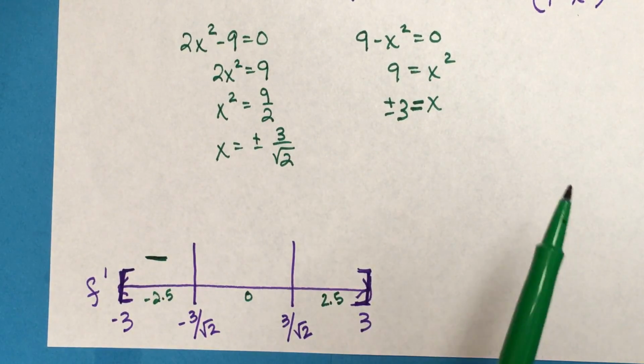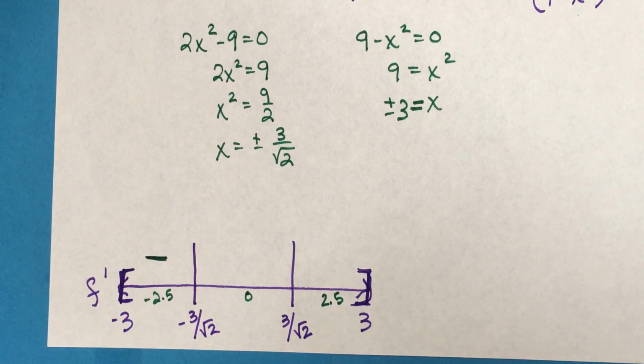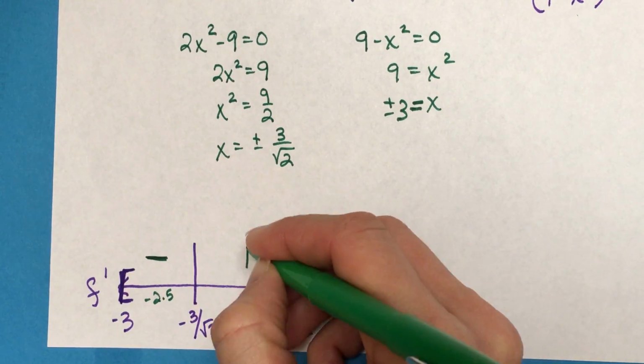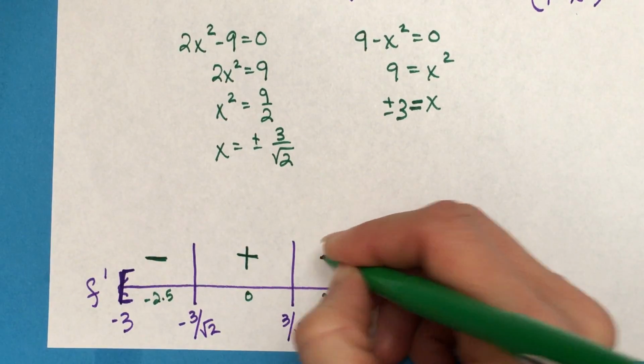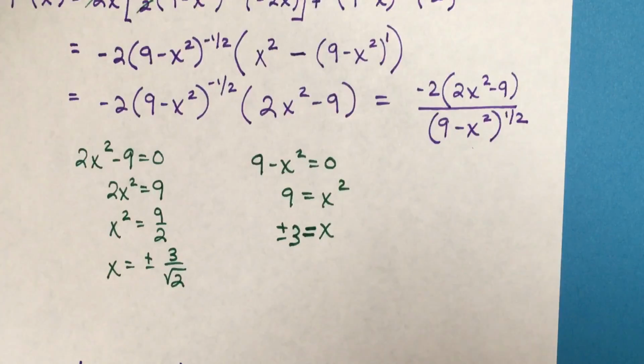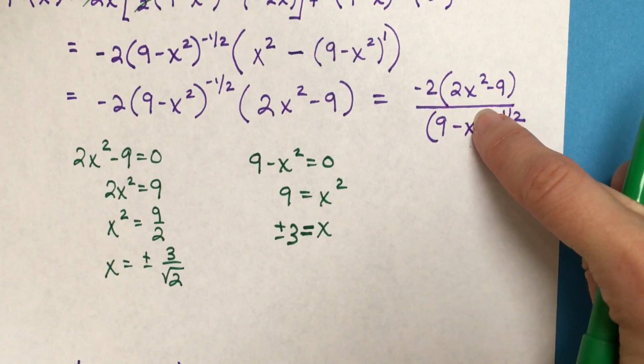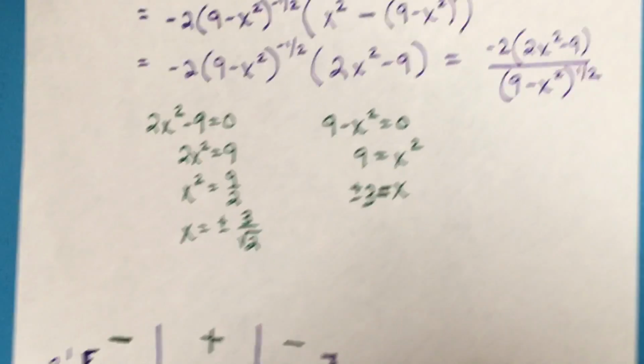And then if I were to substitute in 0, that's going to give me a positive on the top, positive on the bottom. So this is going to be a plus. And then if I substitute in the 2.5 into the first derivative, then that's going to give me negative. Now remember, you're substituting these into this first derivative, okay, not back into the original just yet.